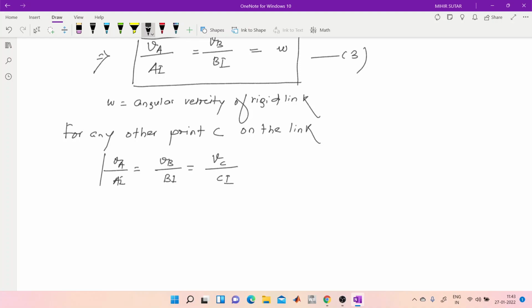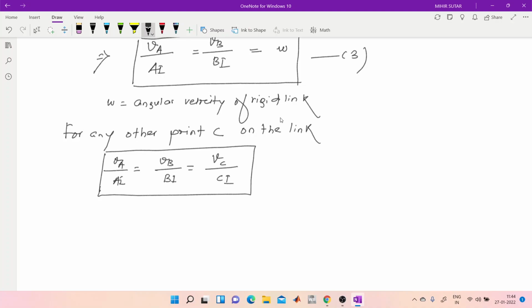We'll follow this relation. In this way we can find out the magnitude of velocity of any point on a link using the instantaneous center method.